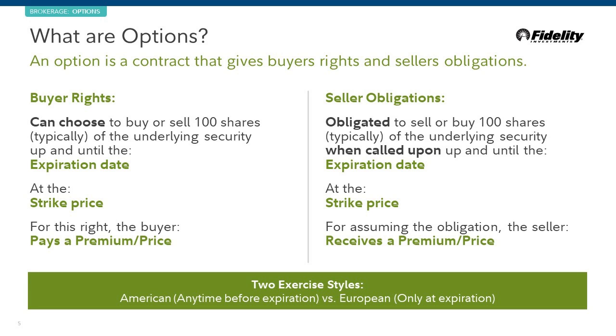Again, that is going to be that obligation versus the right, and you're going to be choosing the expiration and the strike price. Both buyers and sellers not only choose the underlying, but they also choose the expiration, they choose the strike, and then finally down there at the bottom you'll see they determine the price.